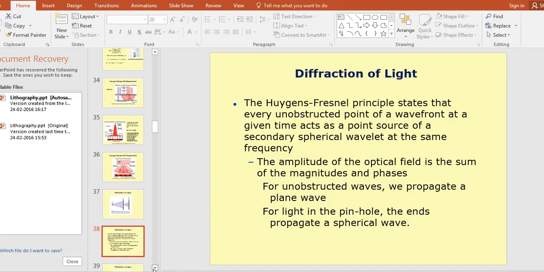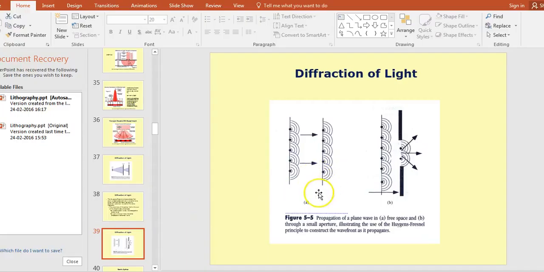And this can be better explained in this picture. These are the wavelets, and when they pass through the single slit, from the edges they will be bent away.